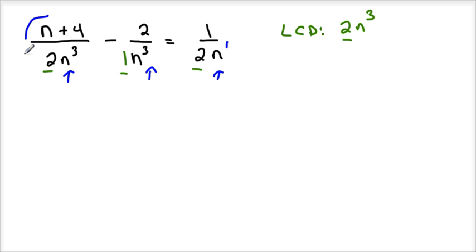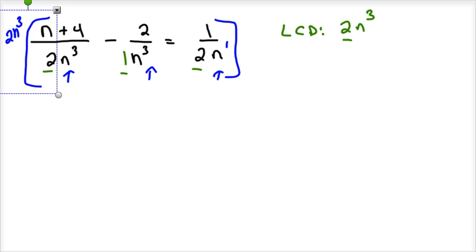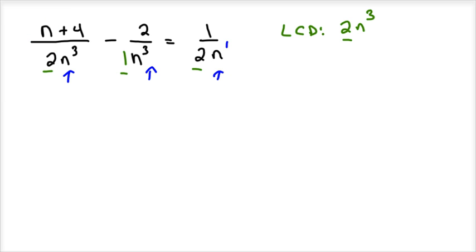I'm going to multiply all these by 2n cubed. If you want to multiply all of them by 2n cubed separately, that's fine. Sometimes this might be easier for some of you guys. So times 2n cubed, times 2n cubed, times 2n cubed. However you want to go about it. So 2n cubed over 2n cubed. What simplifies? Everything.